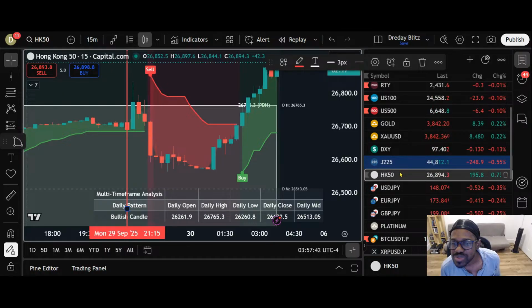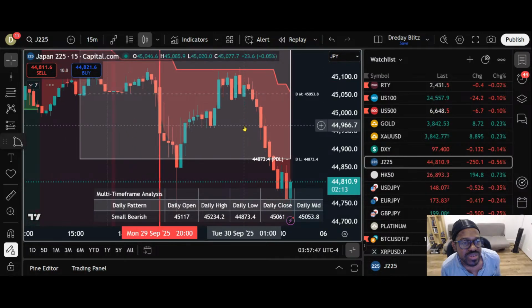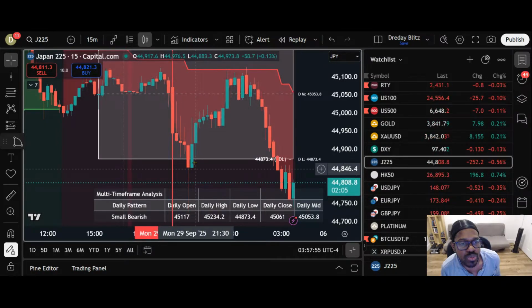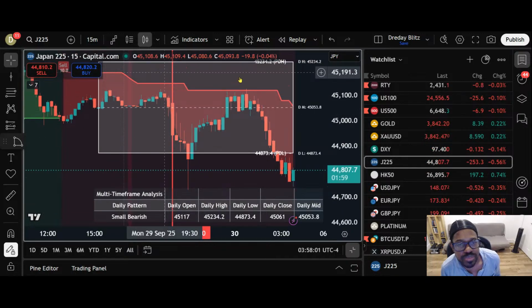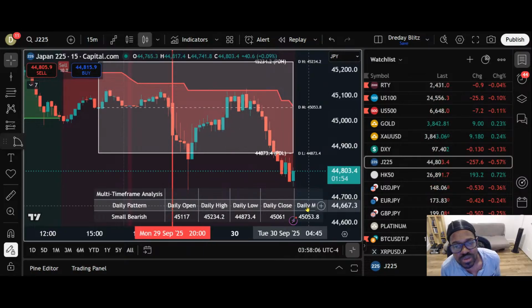And Japan 225, just going to pull it up here. Same thing, you had a sell right here on this candle and it went towards the previous day low and bounced up. And we had a fair value gap here at the top that gave you another entry to get down.